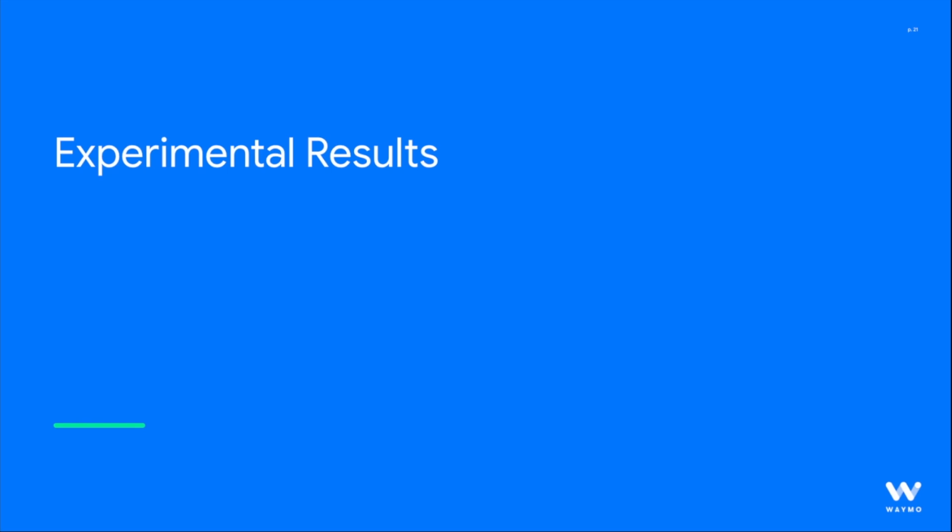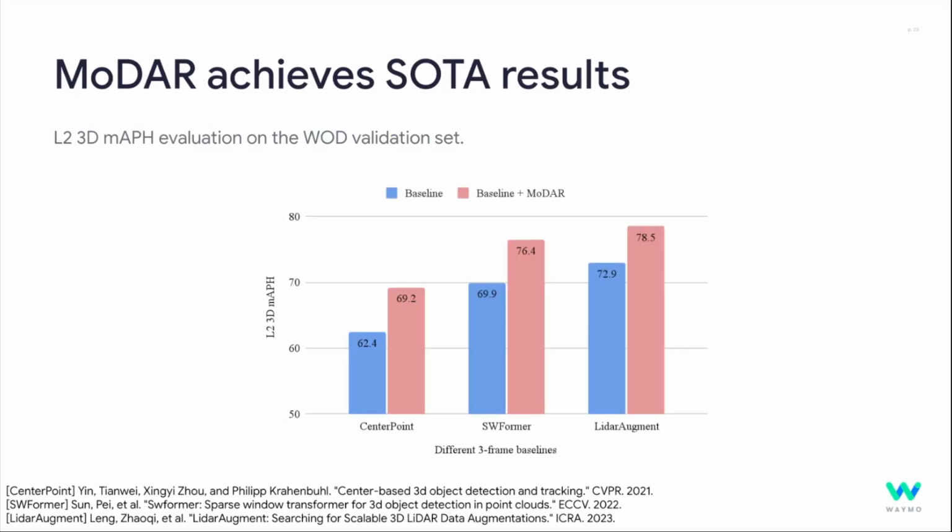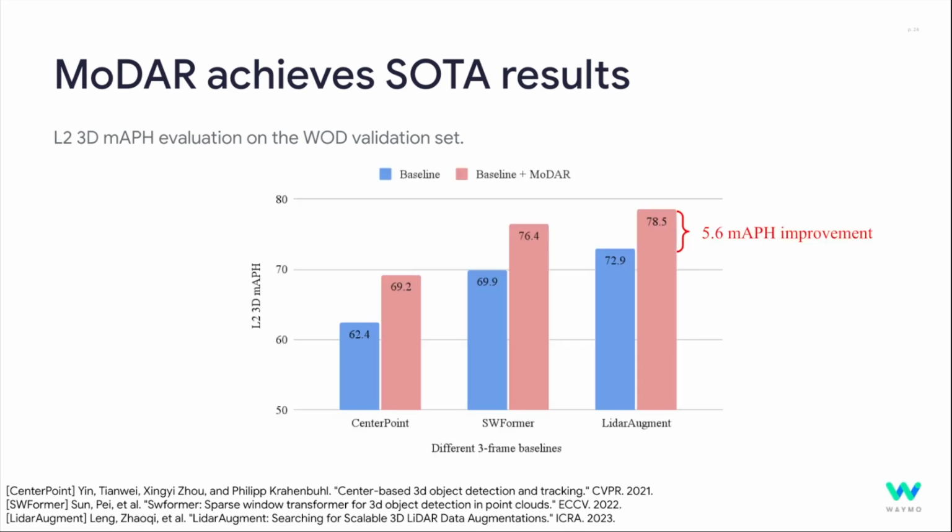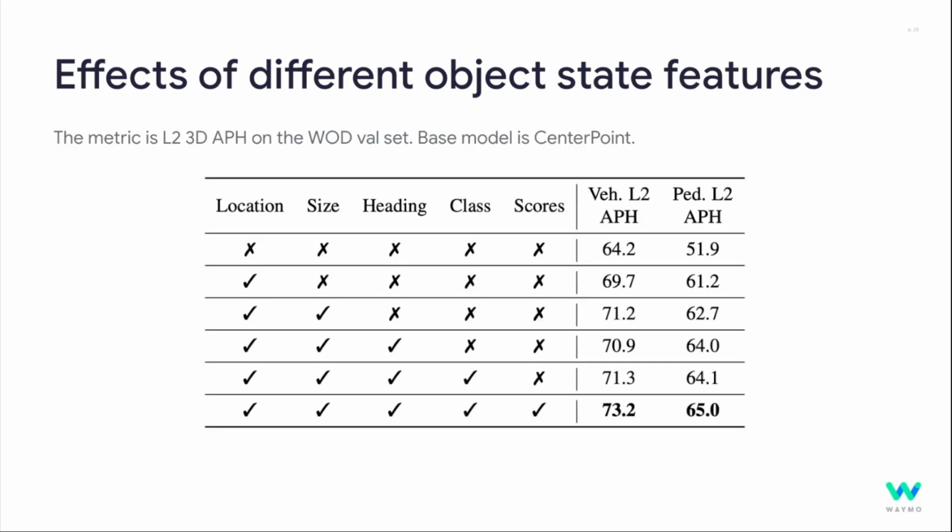Next, we will show some experimental results. Evaluated on the Waymo Open Dataset, adding MoDAR to LiDAR points significantly improves all base detectors. For example, MoDAR improves LiDAR augment by 5.6 mean APH, from 72.9 to 78.5. This is a new state-of-the-art result without model ensembling.